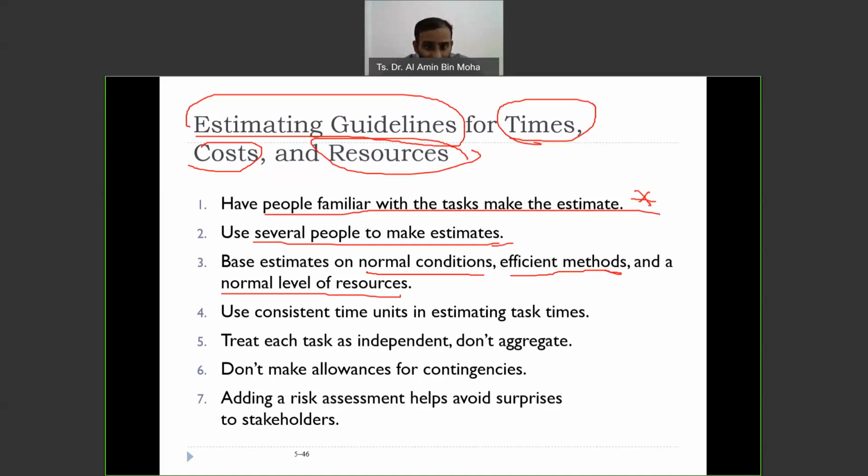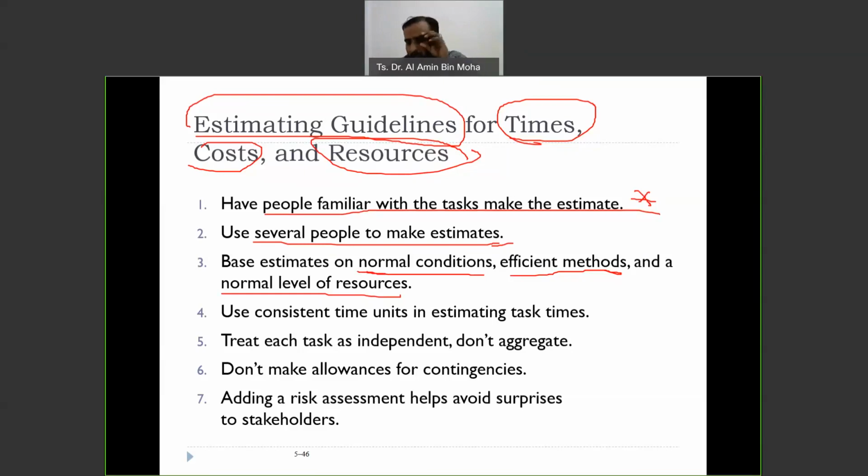The most important thing is to avoid bias. We can avoid bias because maybe a person who has some interest in the project tends to just accept the condition. But if you have more people, the neutral people are going to have better justification. And the base should be on normal conditions.